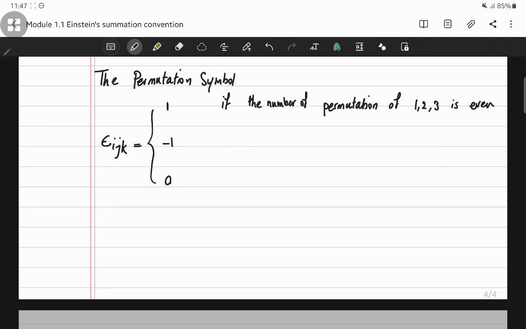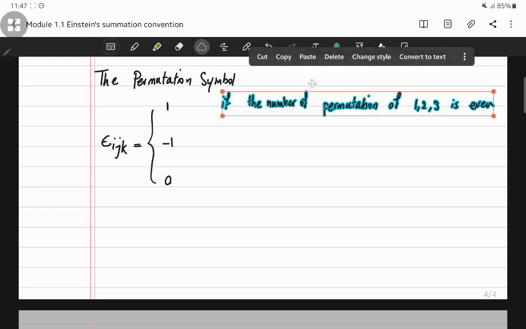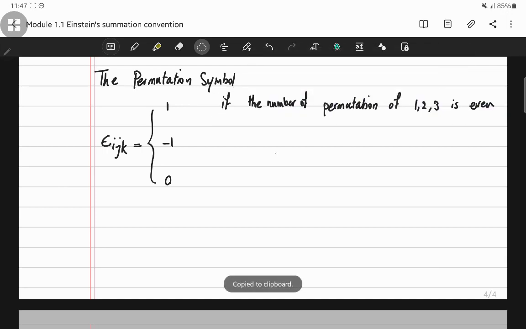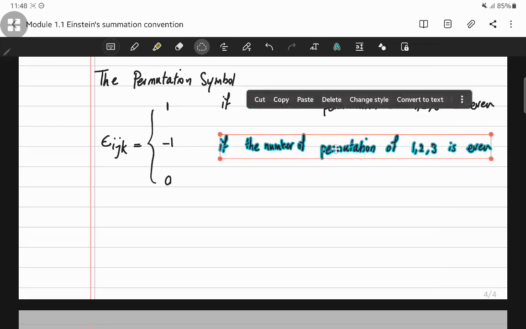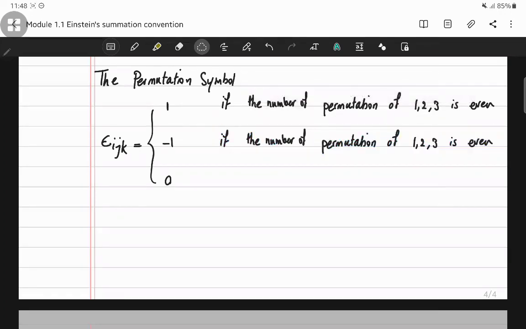If the number of permutations is odd, it is minus 1, and otherwise it is 0.